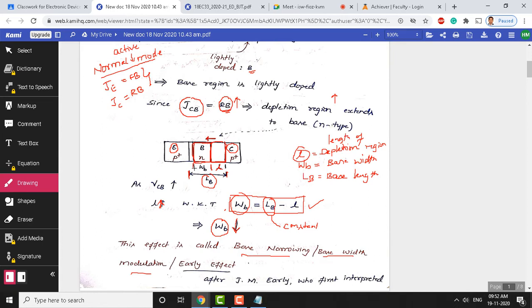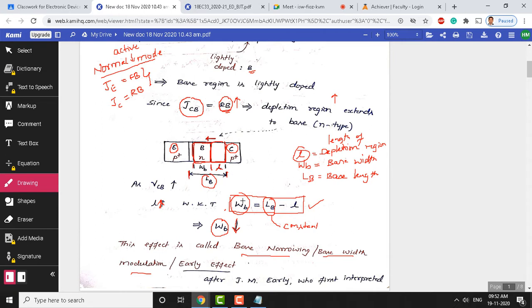The distance between the two depletion regions is WB, and LB is the base length, from the edge of the emitter side depletion region to the edge of the collector side depletion region. LB is fixed for a given transistor.